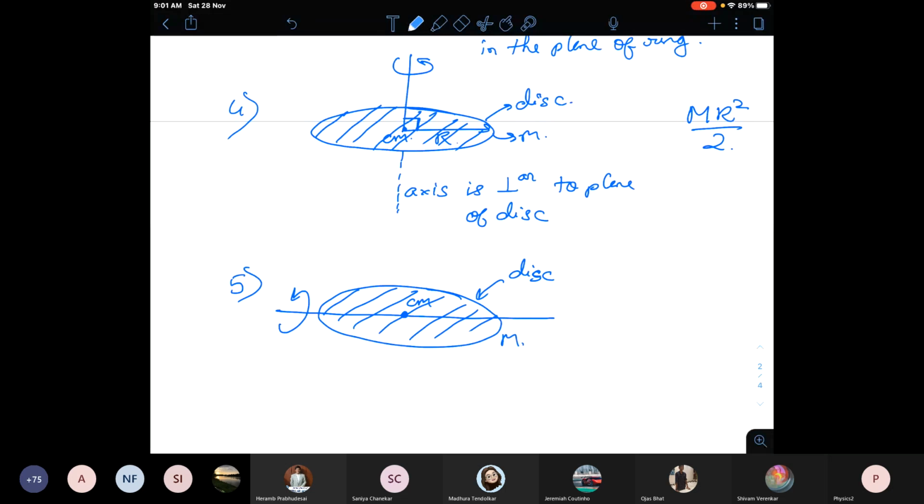This is a disk, mass is m, radius is r, and the axis is in the plane of the disk. For this axis, the moment of inertia comes out to be mr square by 4. We have to remember it. There is not an issue in that.